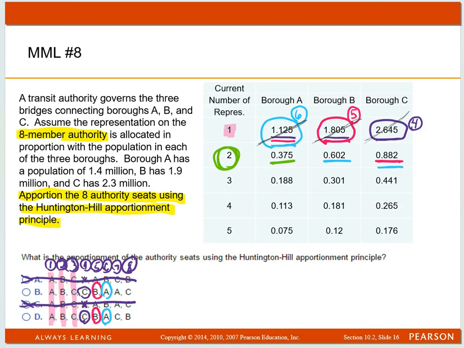They were assigned their second seat. It was the sixth seat overall, but their second. So that number compared to this number compared to that one, 0.375, 0.602, and 0.882, this one is the biggest, and that is C. We have a winner right there. It's going to be choice D, because this one has an A.